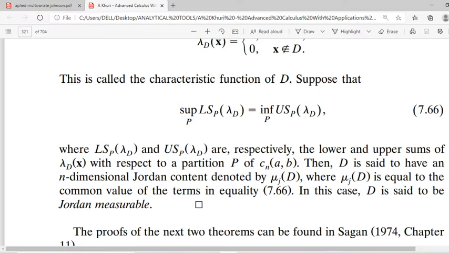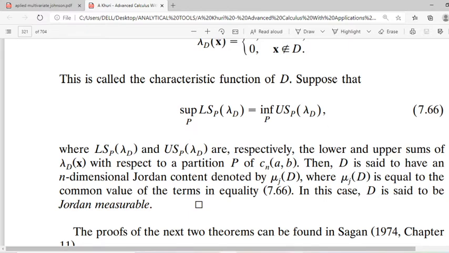Then D is said to have n-dimensional Jordan content, denoted by mu J(D), where mu J(D) is equal to the common value of the terms of inequality 7.6.6. So that is known as Jordan content.